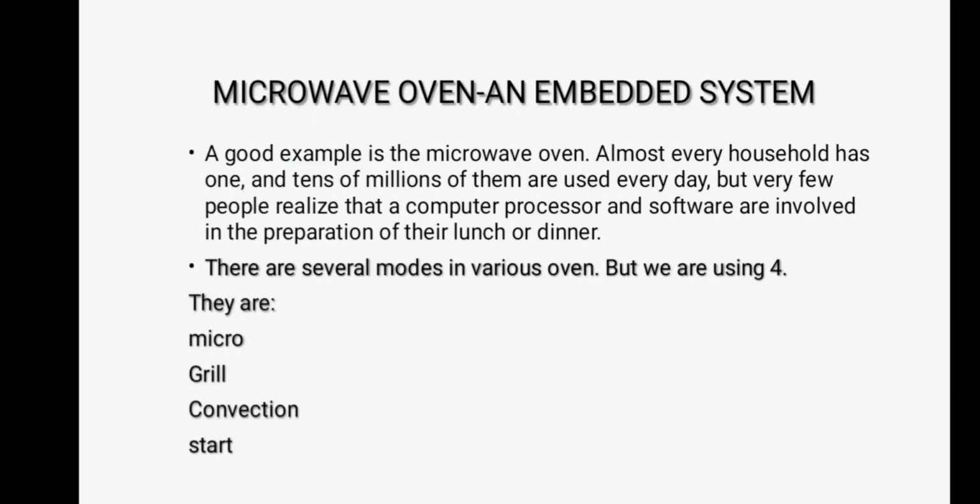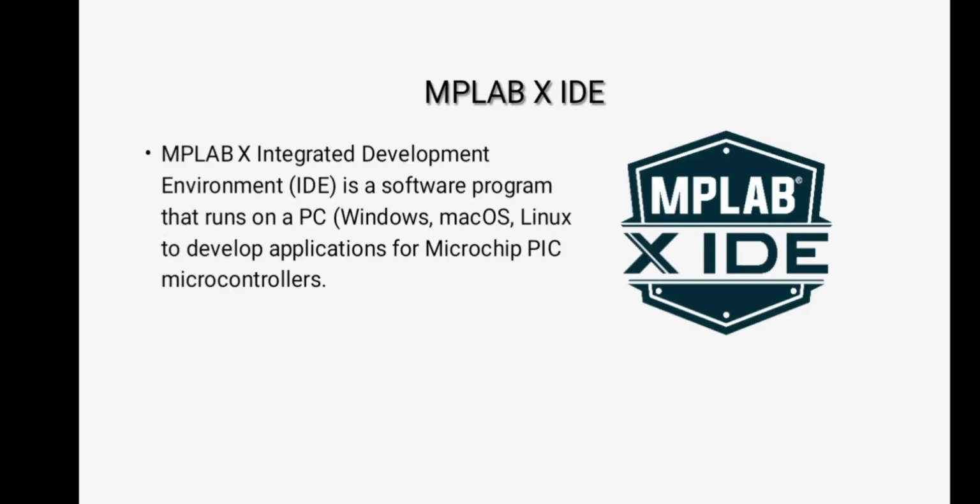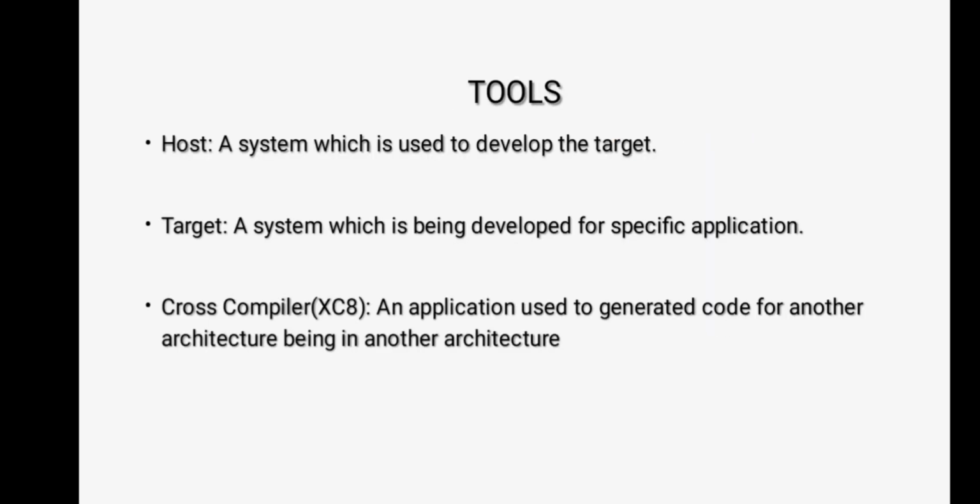So, microwave oven and embedded system. This is a project in which we have four modes: micro mode, grill mode, convection mode, and start mode. To implement our project, we need some tools.